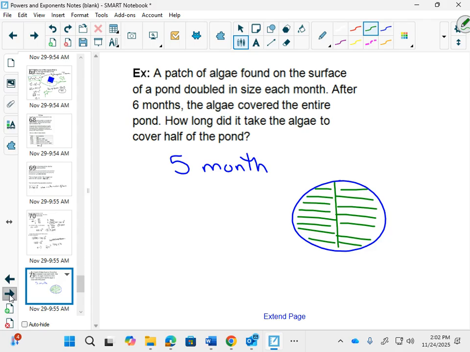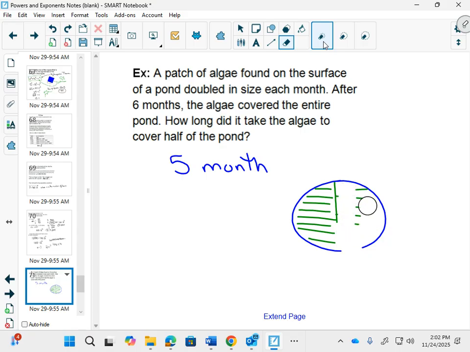So if I work my way backwards, if it doubles every month, and I go back 1 month, I would have to take half away. When you double 5, it's 10, but it's not saying that you double the months. It's saying the algae doubles every month. So if it was half full at 5, and you doubled it, it'd be all full at 6.